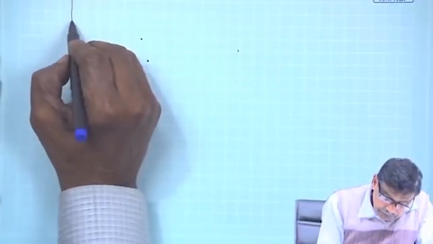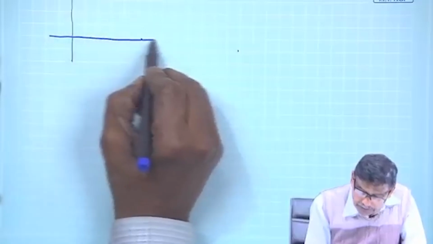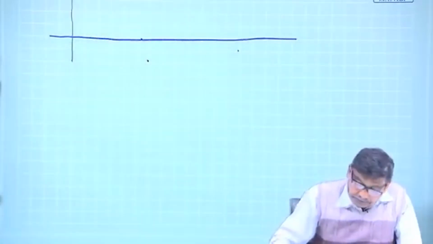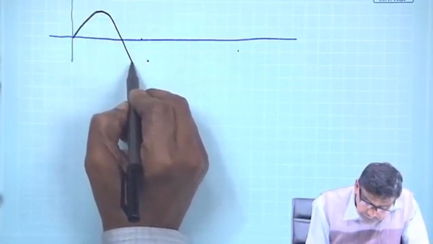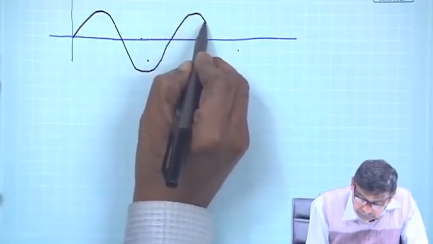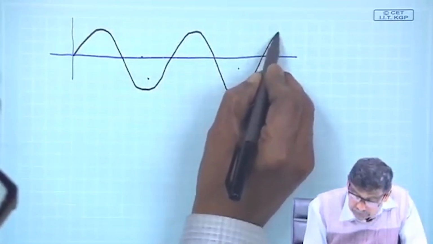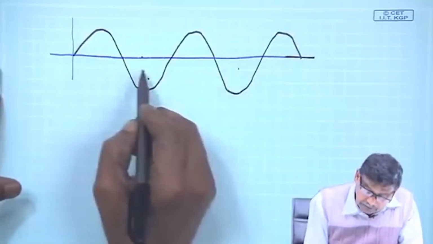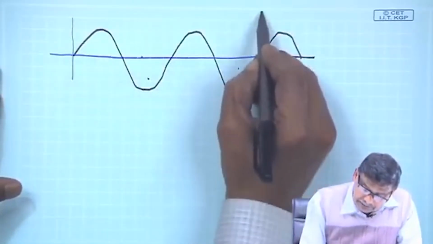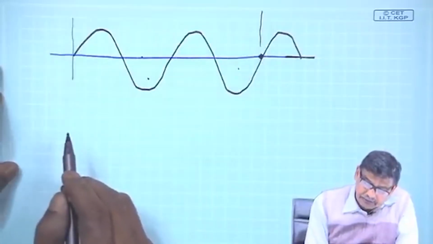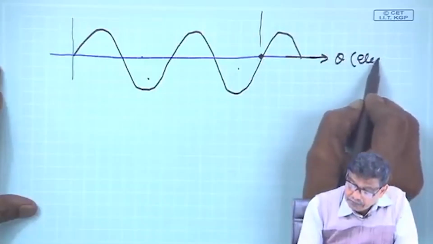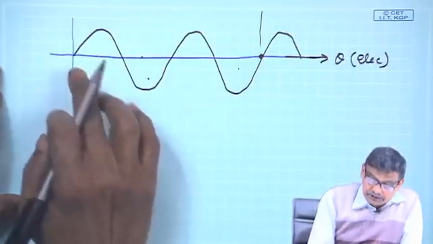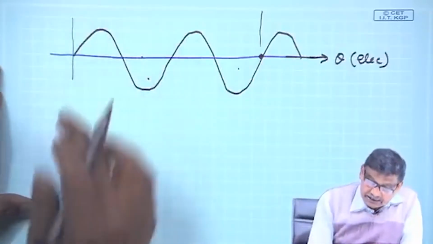So, what we will do is this, suppose I will say that this is a 4 pole machine, 1, 2, 3, 4. This is 360 degree mechanical, no doubt, but in electrical angle, if theta is in electrical, that is how I should describe this sine wave, so that it will fit in.